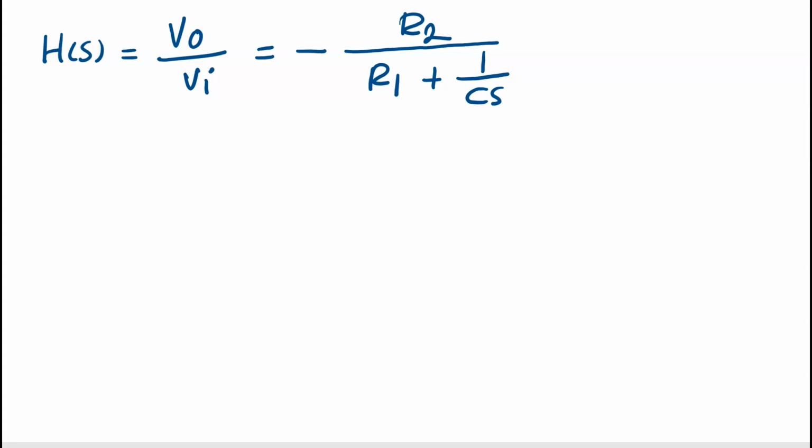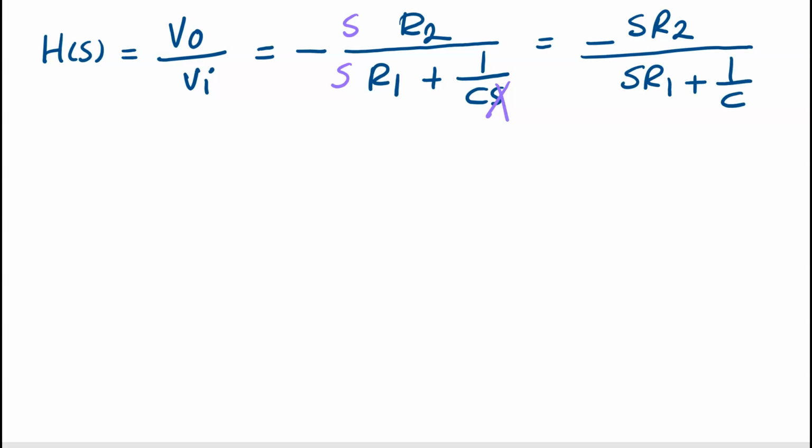So what I'm going to do is that I will multiply both numerator and denominator by S, just to get rid of S here. So I will have minus SR2 over SR1 plus 1 over C, and then I will divide everything by the coefficient of S in denominator, which is R1.